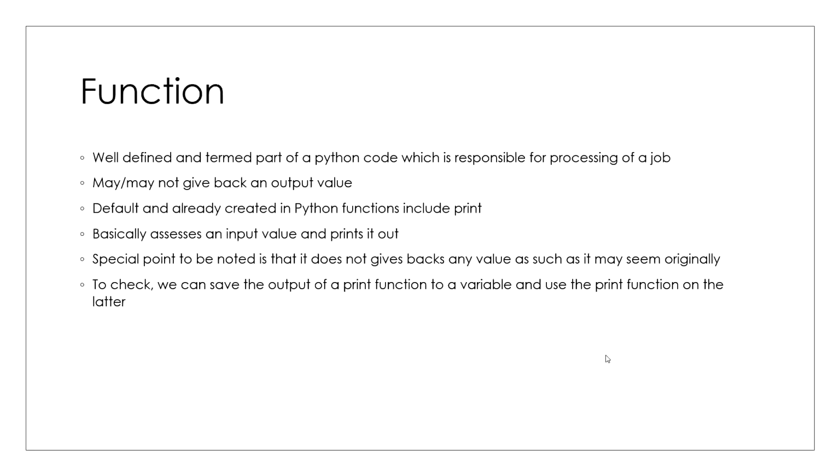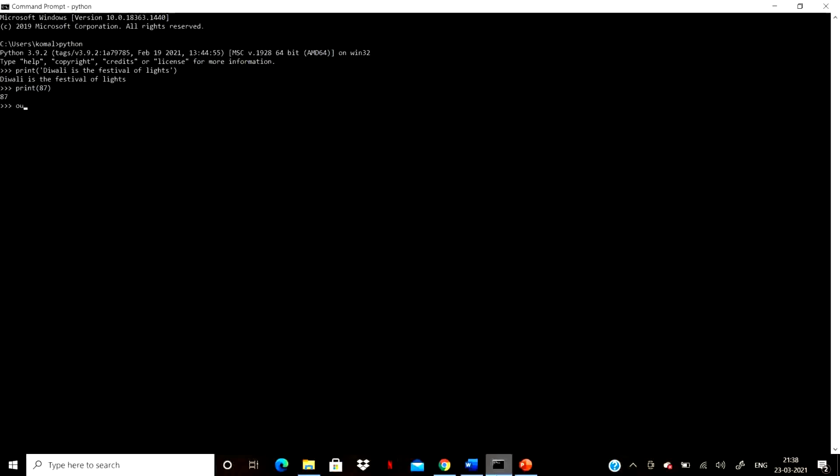A special feature of function is that it does not give back any value. It may seem that print is returning back a value, but it is actually not. Let's save the results of a print function in a variable output. And print the value for the variable output, which gives us none. That means nothing.